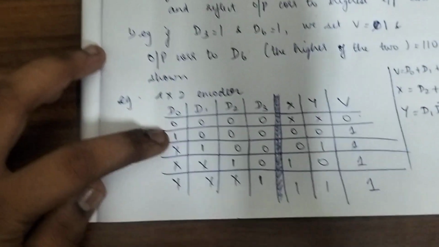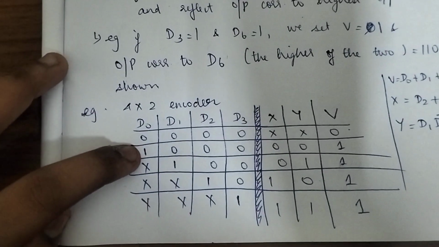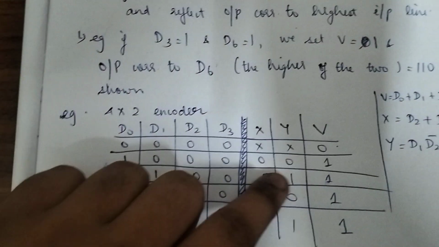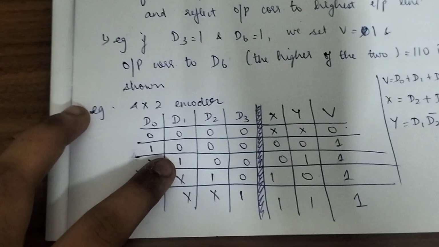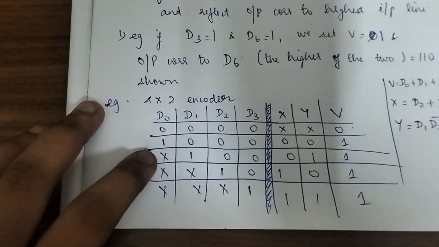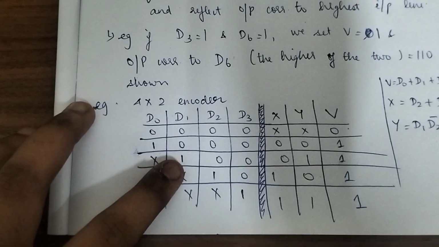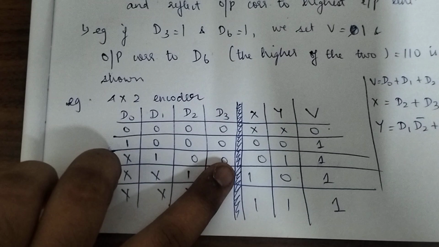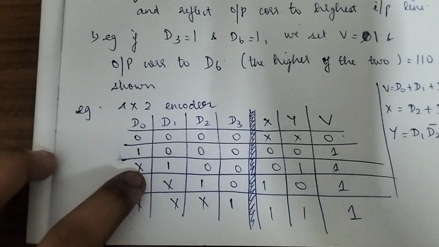What we do here is, my D0 is 1 and all others are 0. Then corresponding to D0, my output should be 0, 0, which is perfect. Now if my D1 is a 1, irrespective of whether D0 is a 0 or a 1, I am going to reflect D1 because among these two, this one is the higher, provided D2 and D3 are 0, which is why I have a don't care here.